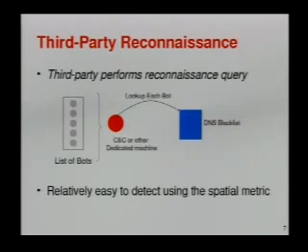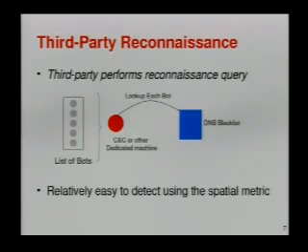There were three things we thought of: if we were doing this reconnaissance, how would we do it? Well, of course, 5 seconds of thinking would get you to this first approach, which we call third-party reconnaissance. This is basically just some dedicated machine pounding a blacklist.